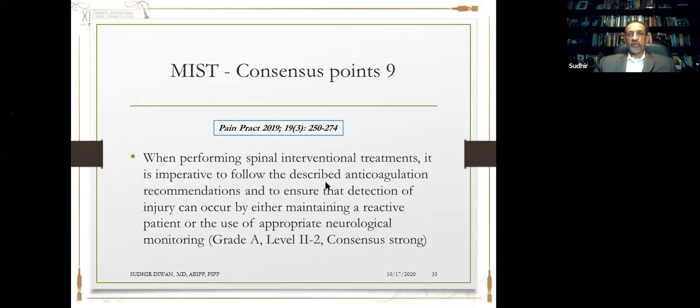Here it is more important because when the canal is very narrow, very tight, even the slightest amount of bleeding will be symptomatic. As you know, you need at least 30 to 40, sometimes 50 cc of blood in the spinal canal to be symptomatic. When you treat an epidural headache, I mean the spinal headache, you give an epidural blood patch, which is 20 cc.